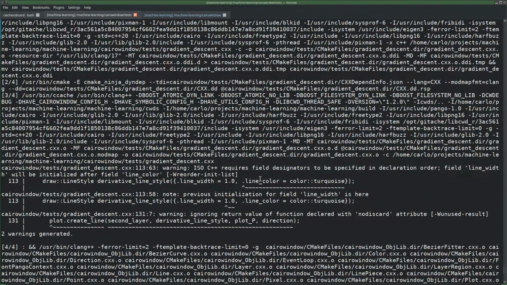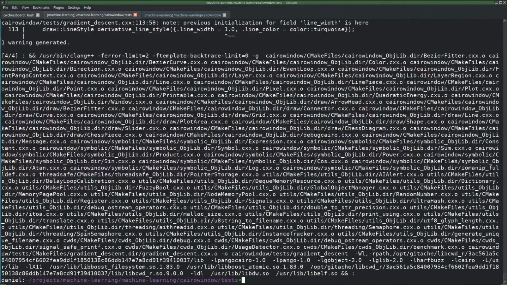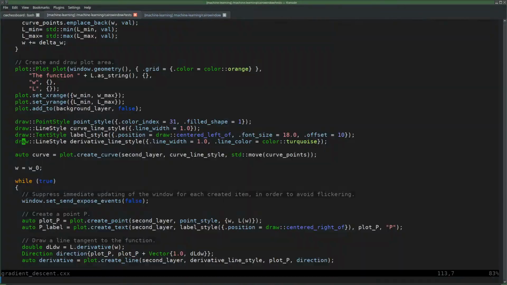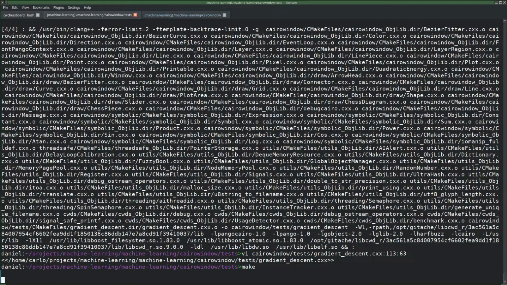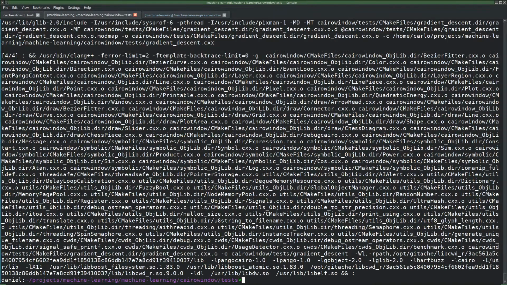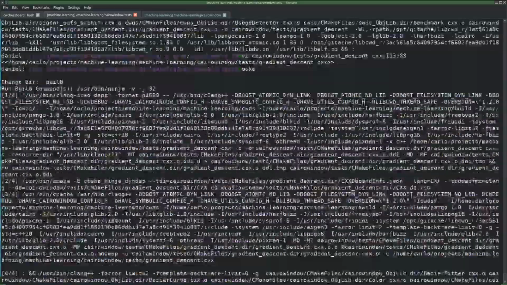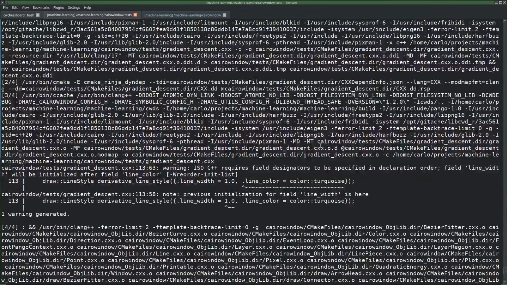ISO C++ requires field designators to be specified in declaration order. Snore. I think they made a mistake there. Yep. Or not. It's all warning here.